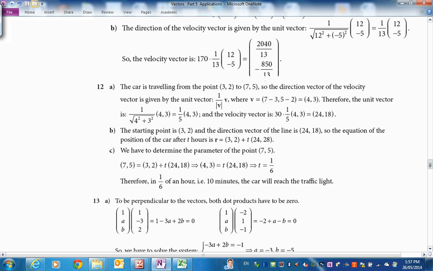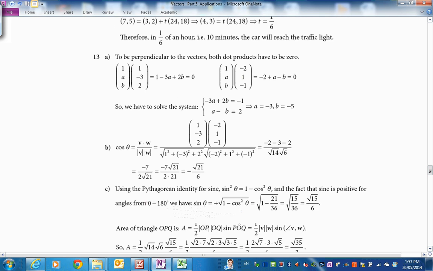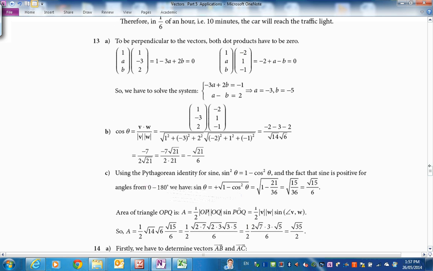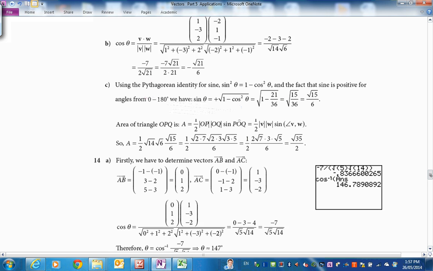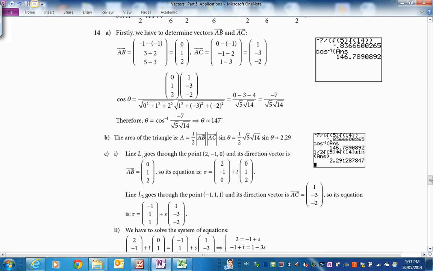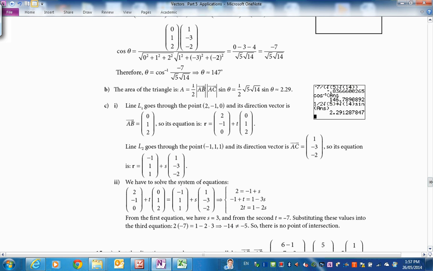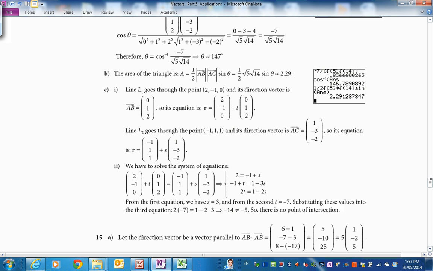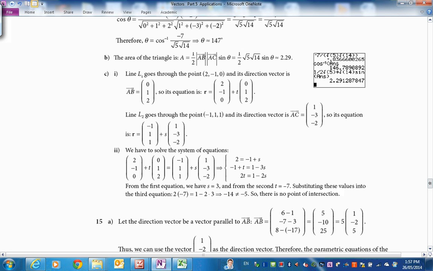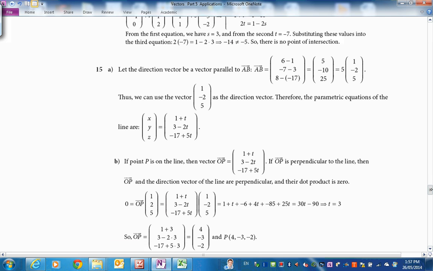And then 12. 13. And 14. Rest of 14 there. 15.